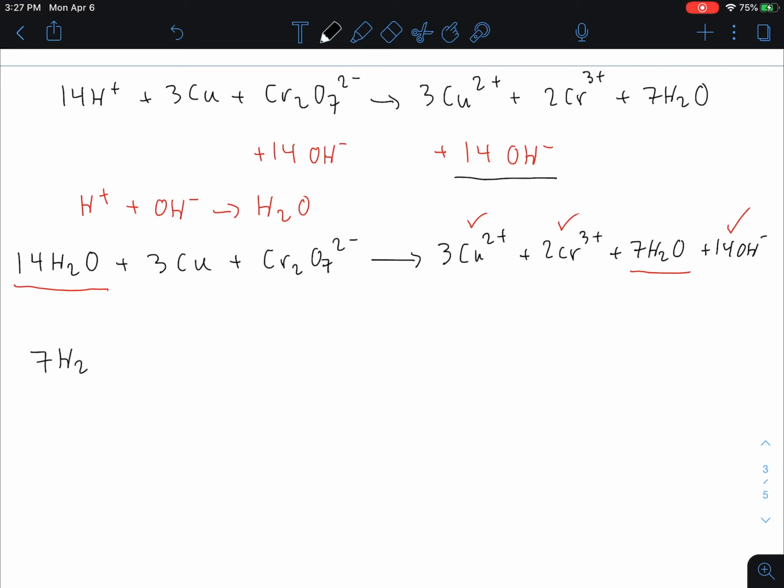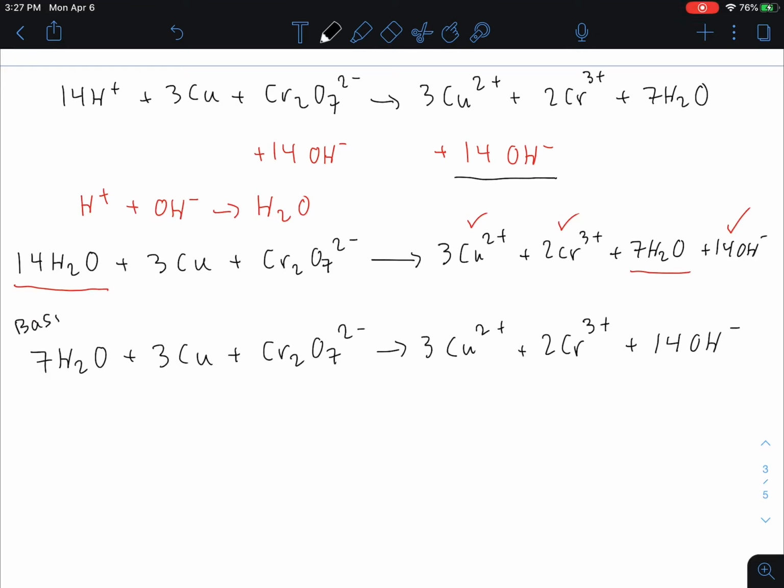So now it will become 7 waters plus 3 copper atoms plus 1 dichromate ion makes 3 copper 2 pluses plus 2 chromium 3 pluses. Water's gone now, but the hydroxide stays, so it becomes plus 14 OH minus. So that's how I would balance under basic conditions.